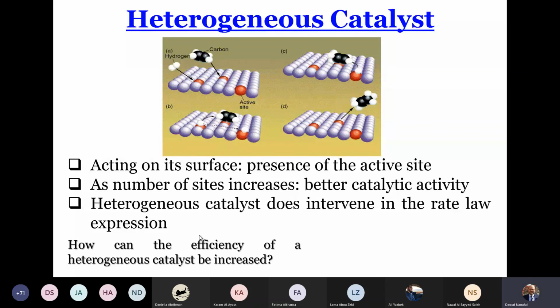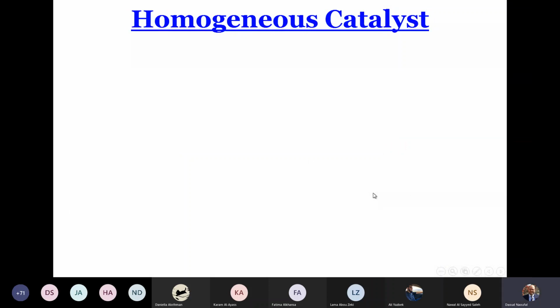How to increase the efficiency of a heterogeneous catalyst? By increasing the surface area. When we increase the surface area of the catalyst, we increase the presence of the active sites, so we increase the catalytic activity. We pass to the homogeneous.